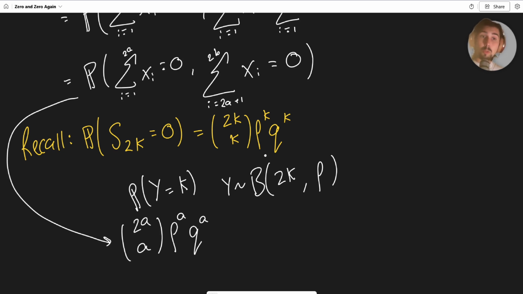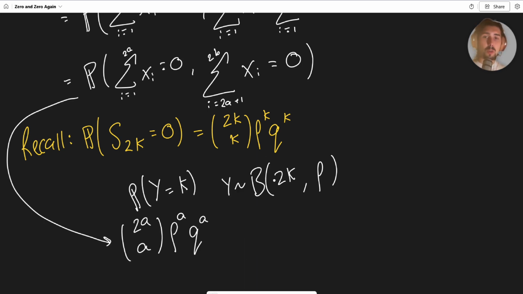Now, the reason why I explained this yellow thing again is because this is where we need it. We need to use the logic that I just explained, but we're not starting from 1 anymore. If you start at 2a plus 1 and then go to 2b, how many total steps is that? Remember, we're including 2a plus 1.